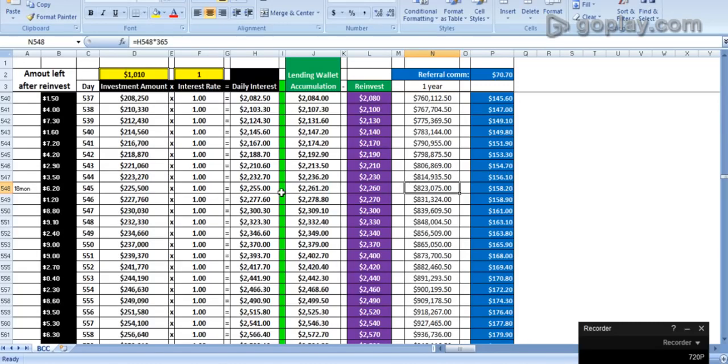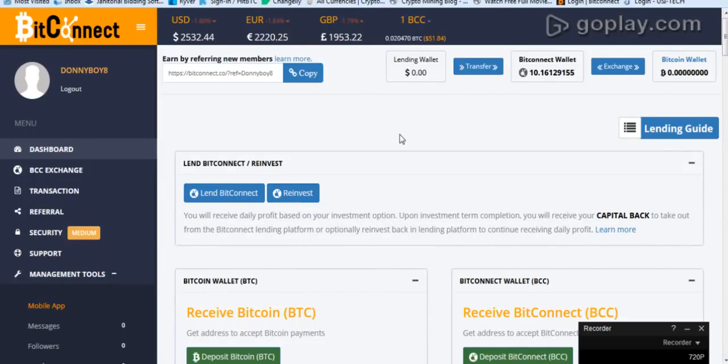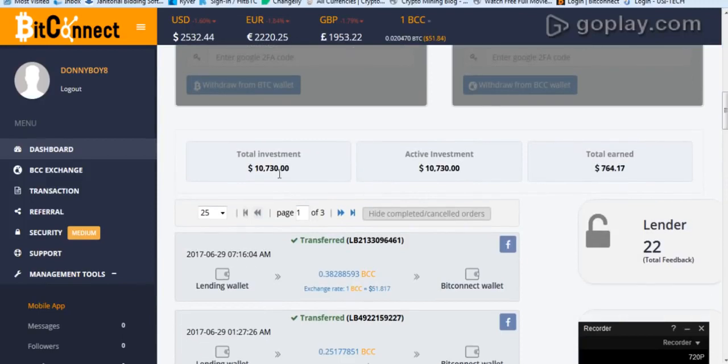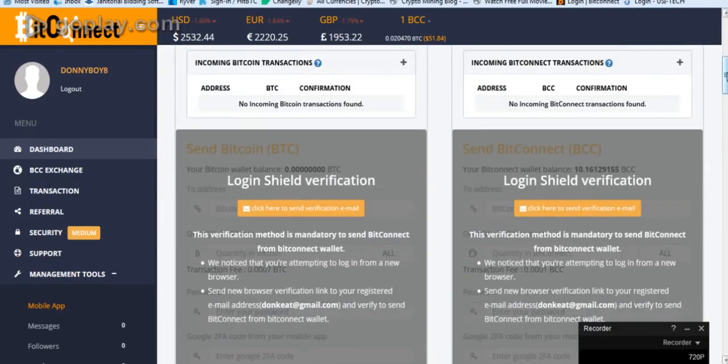Now, if you're like me, and I started to mess around with this and saw how powerful it was, and you could see my loan amount, I'm up to $10,730. So I just want to show you what happens if you go all in with this.